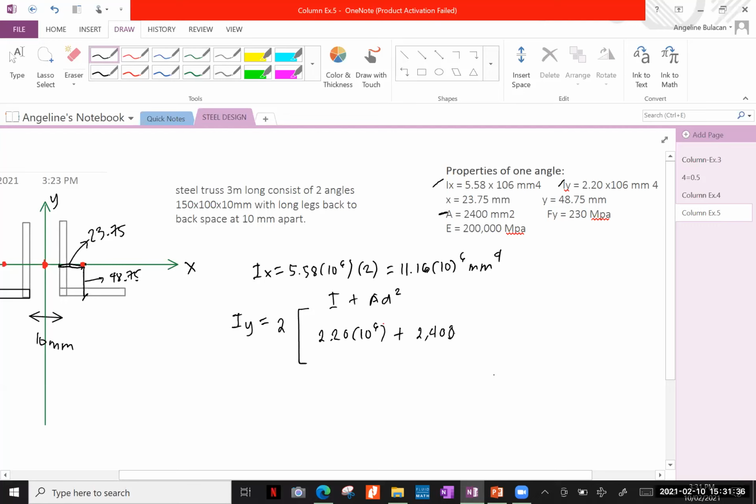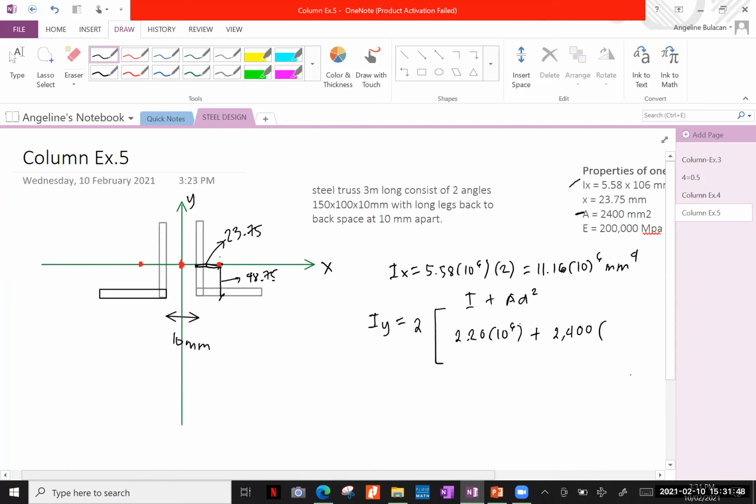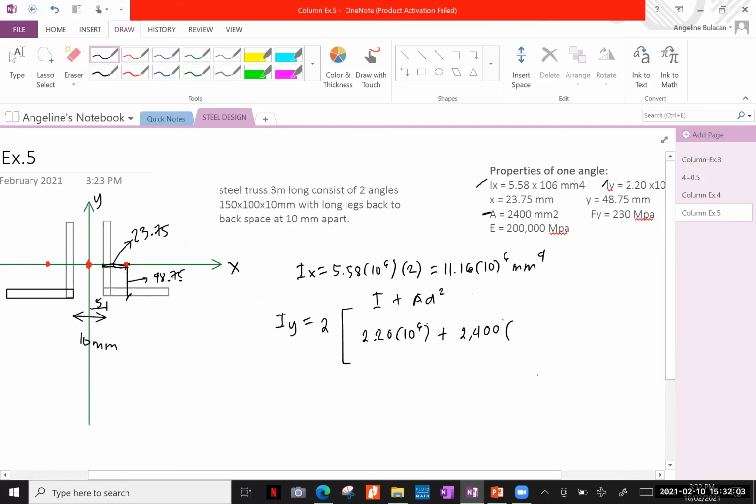Then, yung D is yung distance ng original centroid papunta dun sa new centroid. So, your D is 23.75 plus 5. So, you have 28.75 squared.